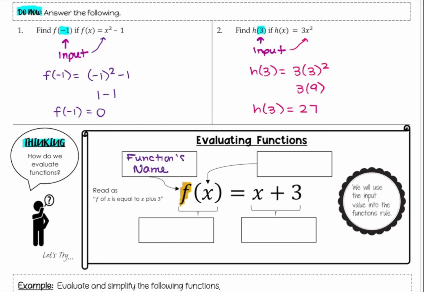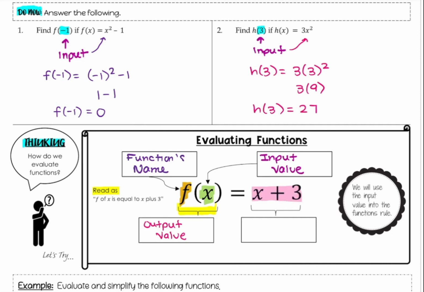We have some sort of input value, x in this case. The entire f of x, read as f of x, is equal to some sort of x plus 3 in this case. F of x is the output value. And then we have the last piece, which is x plus 3.